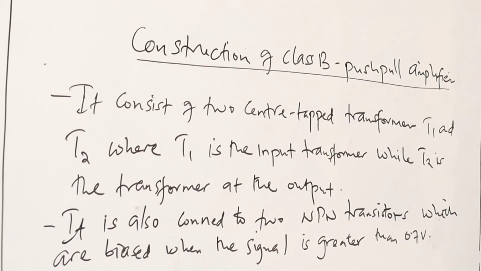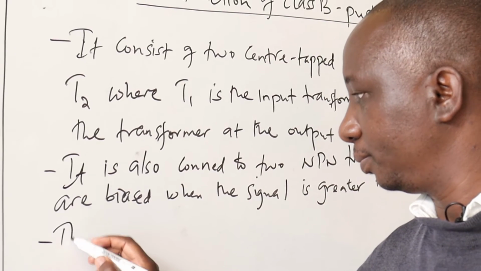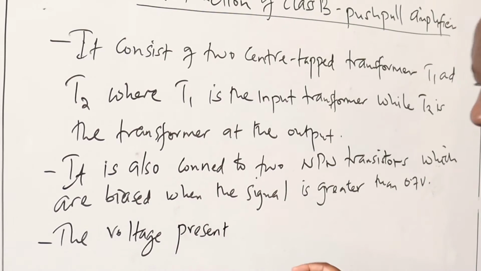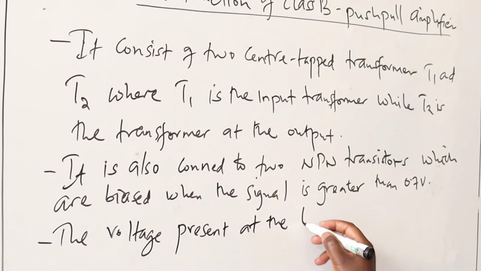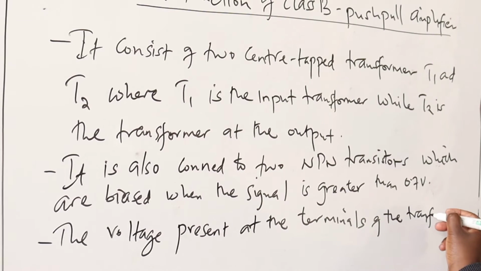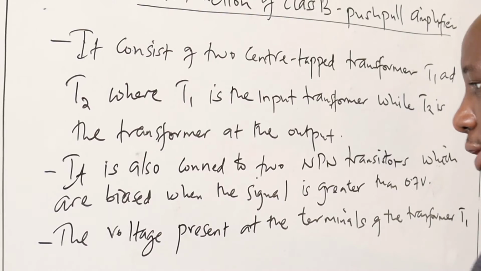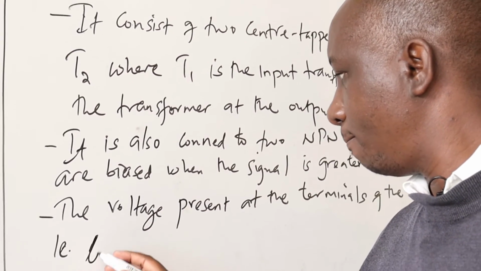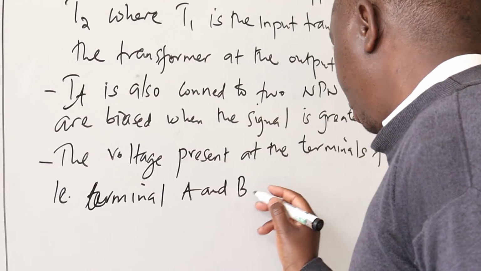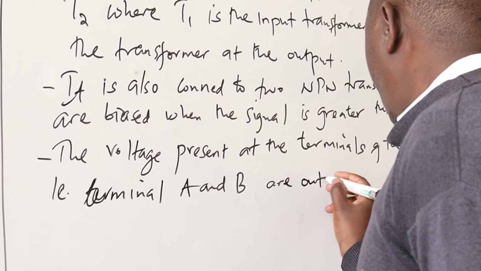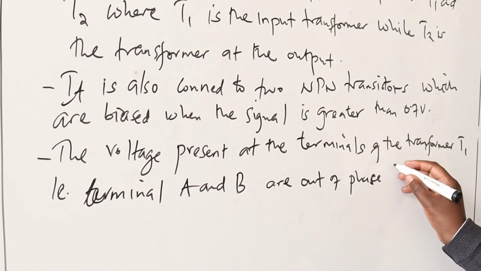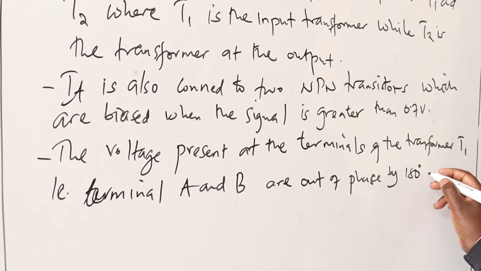The voltages present on the two transformers are out of phase. The voltages present at the terminals of the transformer T1, i.e. terminals A and B, are out of phase by 180 degrees.